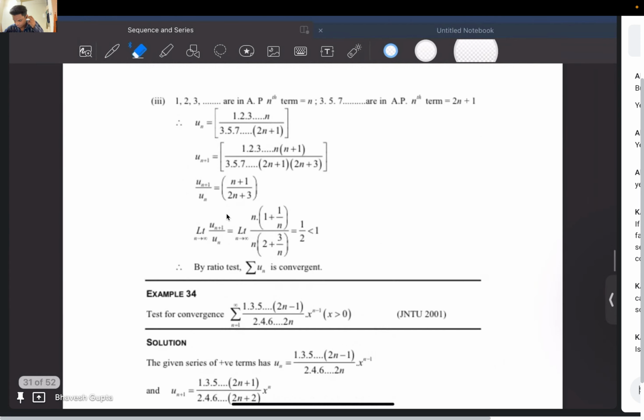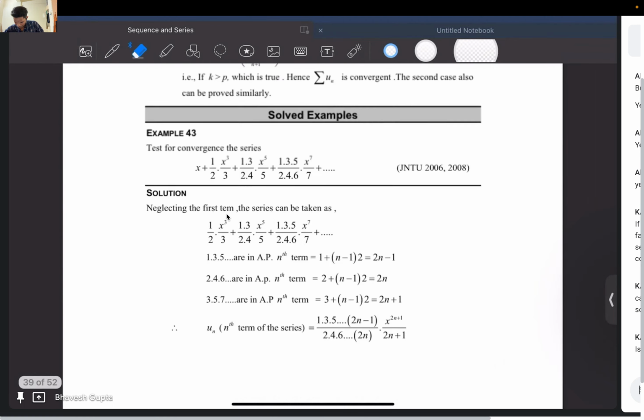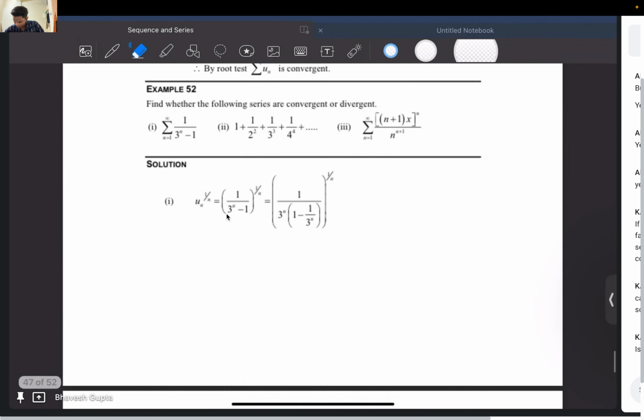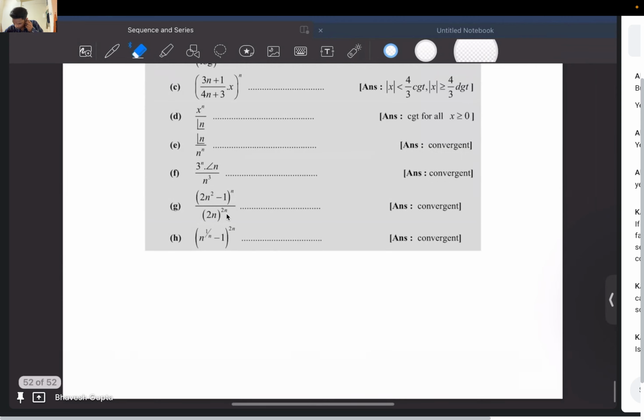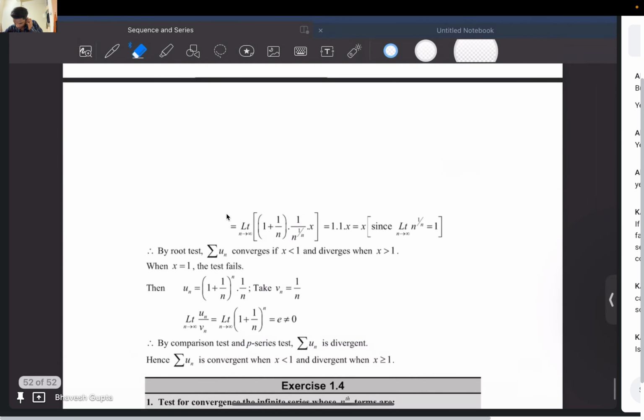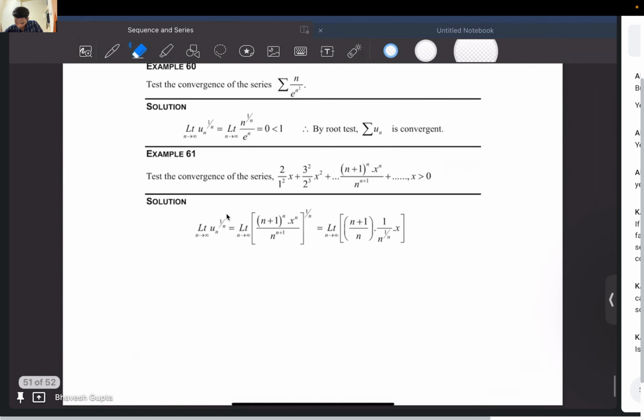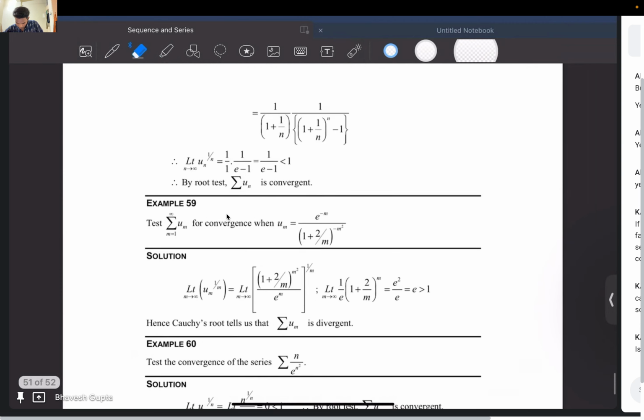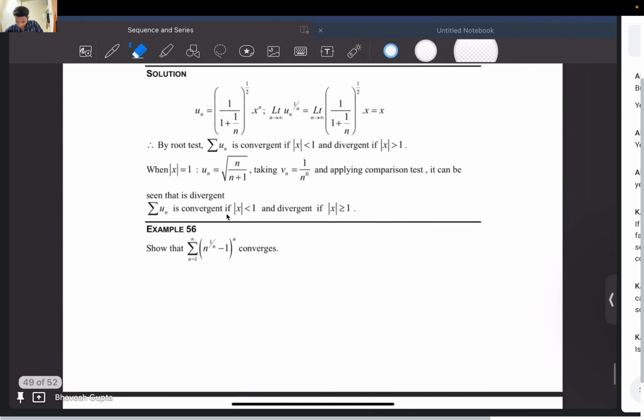I'll go from the bottom, because I guess you are pretty good with the simple equations. So these are some exercises, I guess. These are some additional problems.